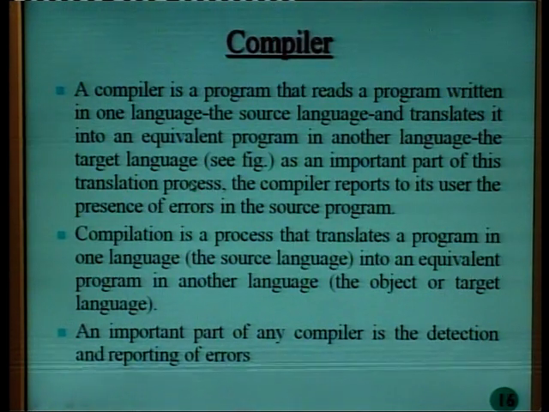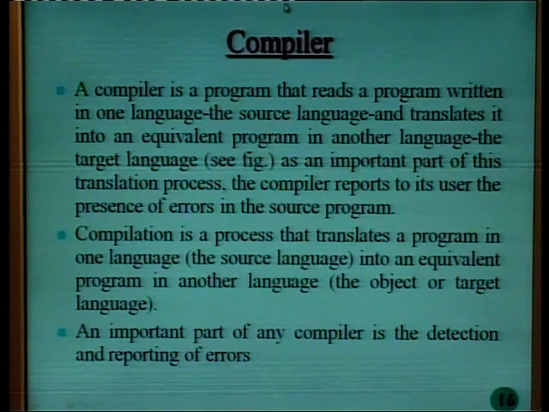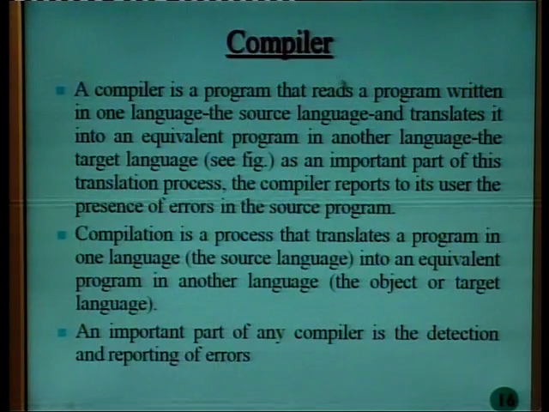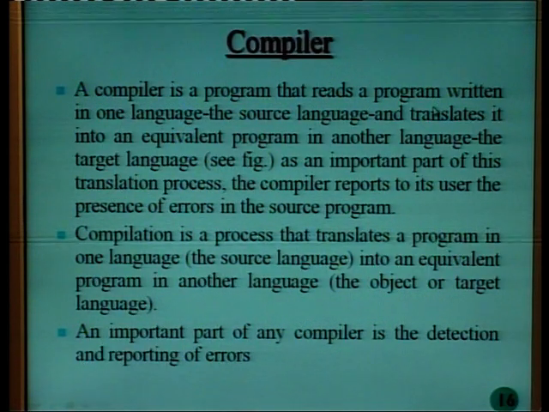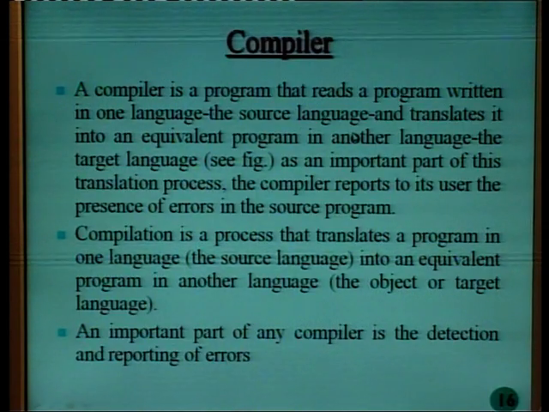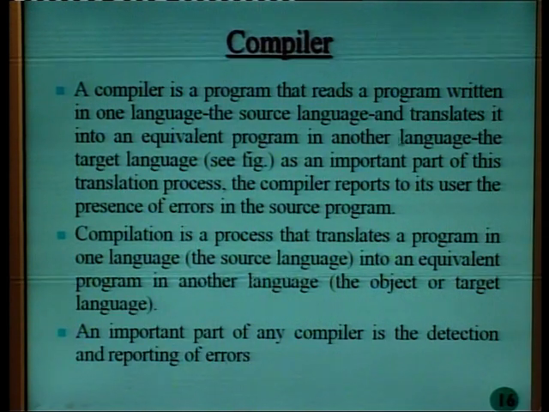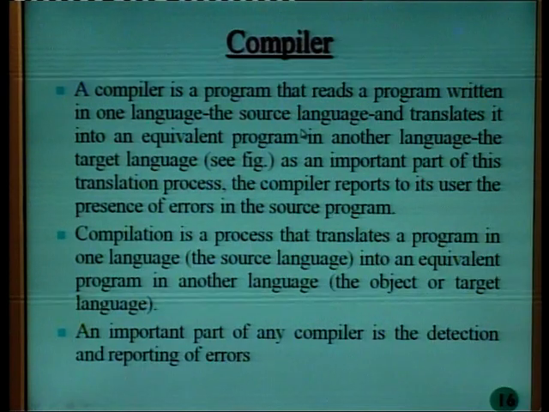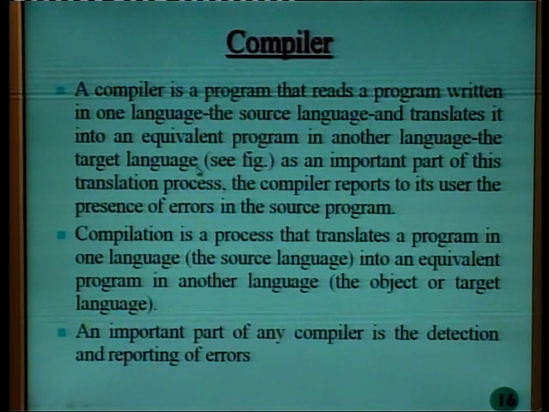So the next system program is the compiler. A compiler is a program that reads a program written in one language, that is the source language, written in a high level language, and translates it into an equivalent program in another language, the target language.